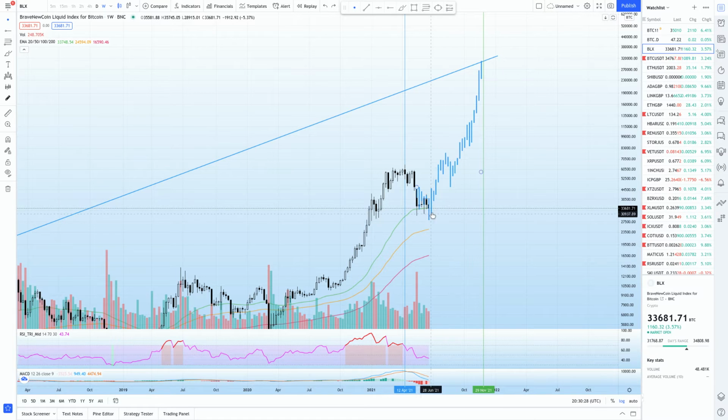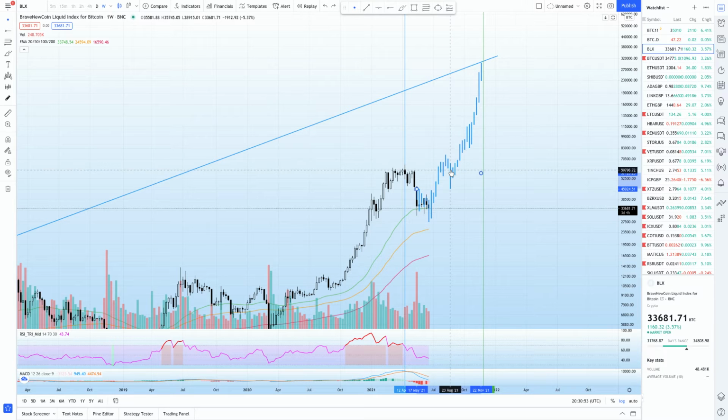You're never obviously going to get it exact because wicks are longer on others. But I think you'll agree that it's quite uncanny how exactly that bar pattern fits with the correction from the 2013 bull market. It fits nicely with the correction that we're having here in 2017, and just confirms what I was saying earlier.